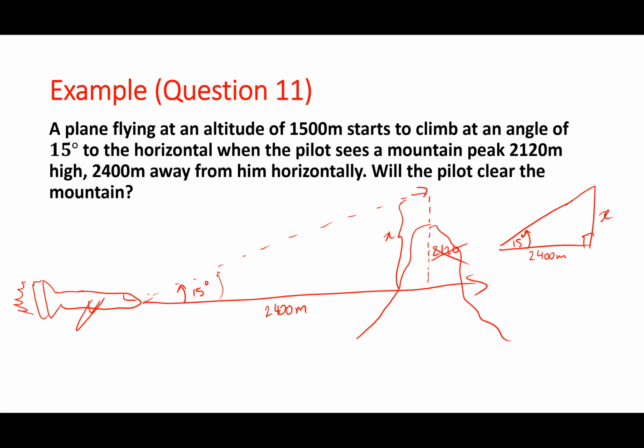We've got an opposite. We've got an adjacent. We're going to be using, because I wrote this at the start and not halfway through the question, TOA again, or tan. So tan theta is equal to, actually I'll just put the number straight in. Tan of 15 degrees is equal to opposite, which is x, over adjacent, which is 2,400. Okay, times both sides by 2,400, and we get 2,400 times tan of 15 degrees is equal to x.